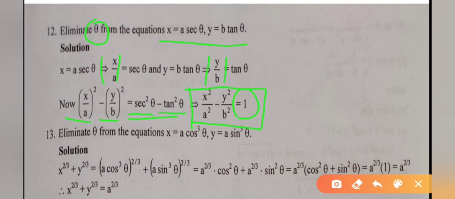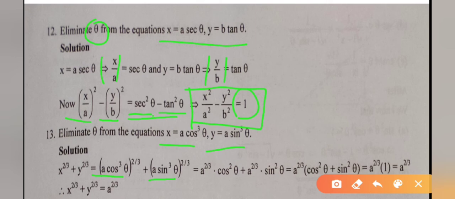Similarly, one more example is there: eliminate theta from the equation x equals a cos cube theta, comma, y equals a sin cube theta. Here, x to the power of 2 by 3 plus y to the power of 2 by 3 equals, already we have x equals a cos cube theta to the power 2 by 3 as it is, plus a sin cube theta, that is y value, to the power 2 by 3 as it is.